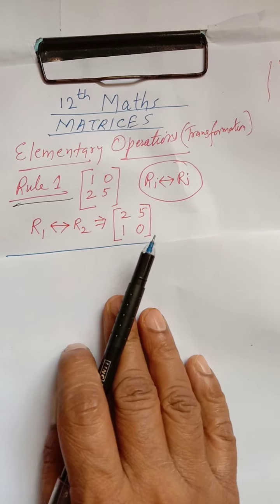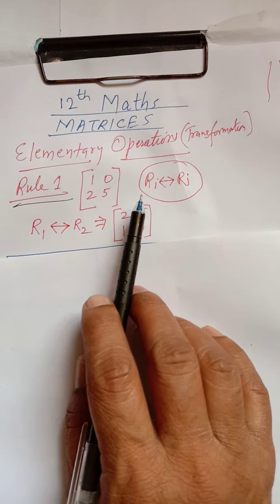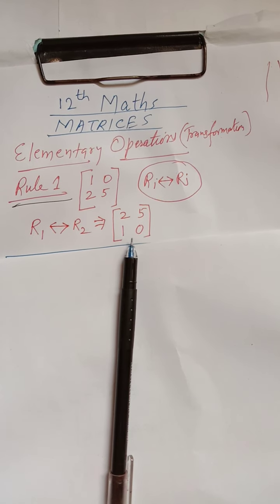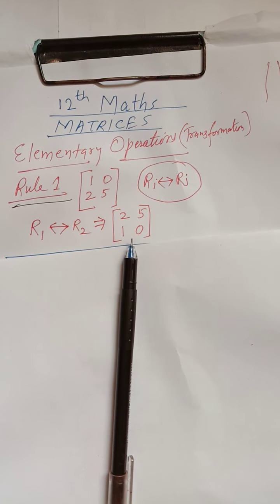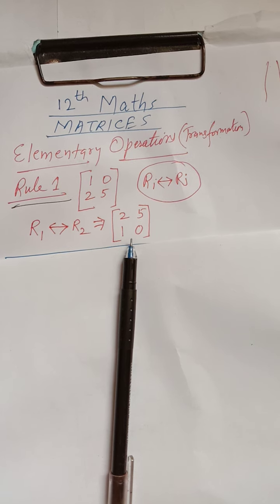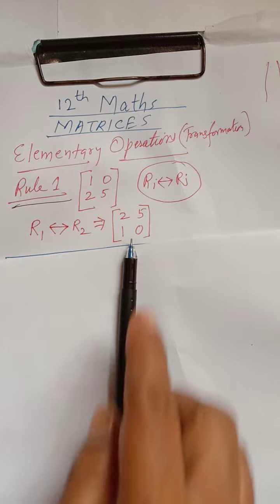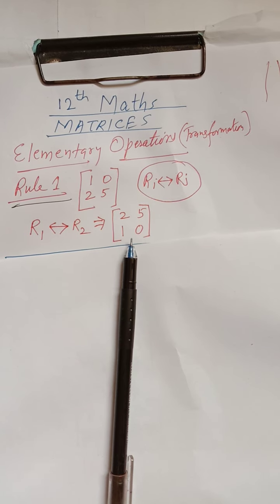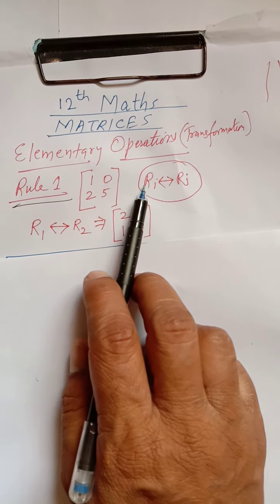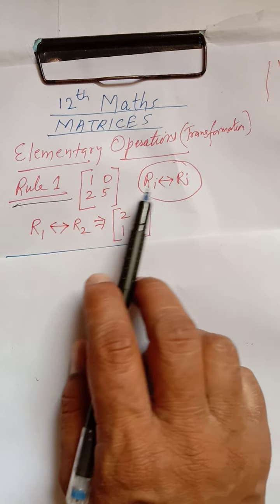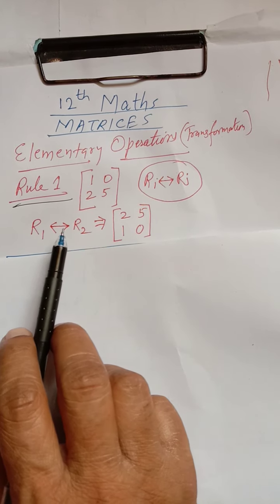Whatever the situation is, remember the first rule: we can interchange any two rows. Also, it can be done for columns. Here I have written for rows, but it is true for columns also. You can take two columns and operate as we are doing for rows.